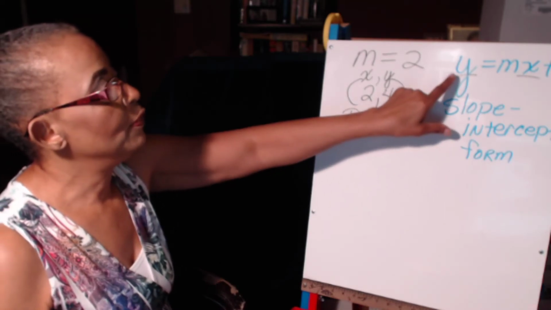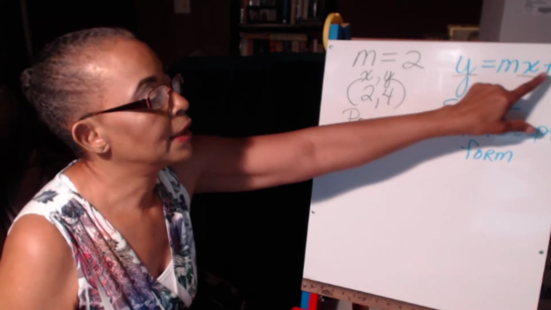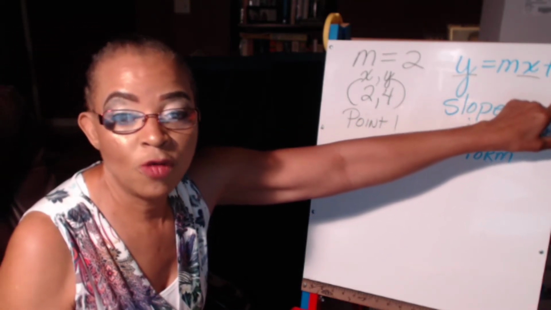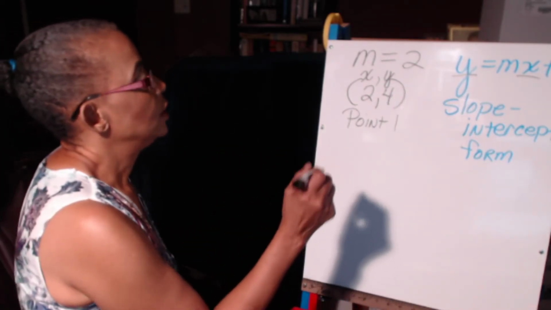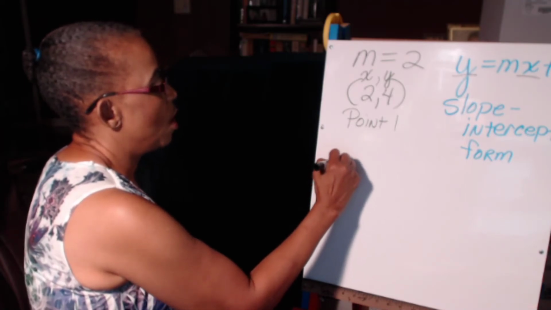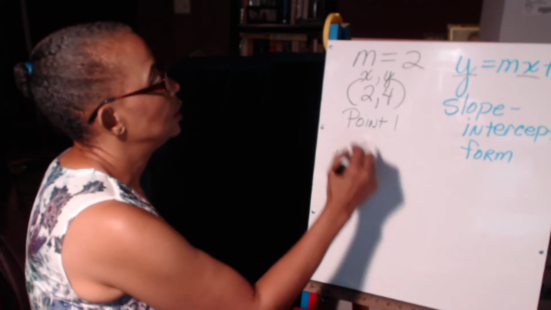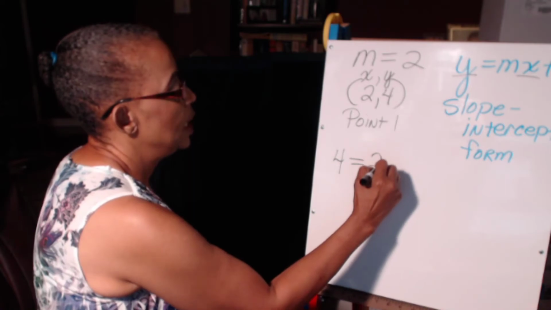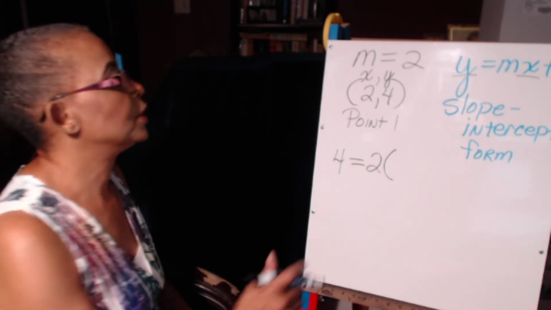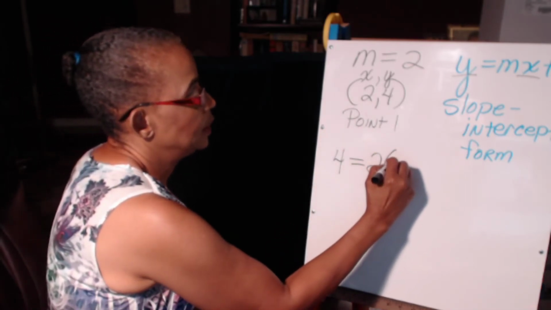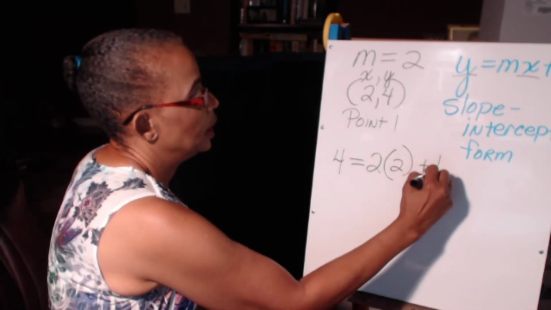So that will give me y, m, and x. Then I can solve for b. So my y is 4, and that equals m is 2 times, and I'm going to use parentheses to represent times. 2 times my x is 2 plus b.